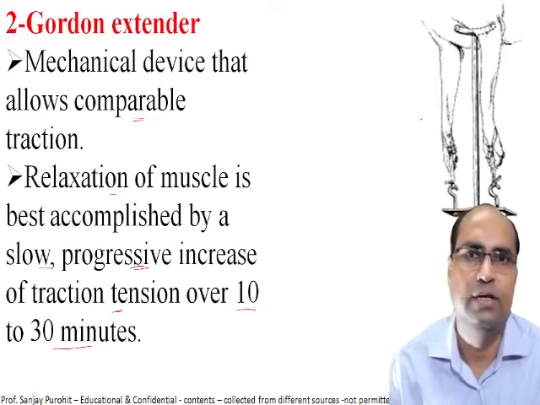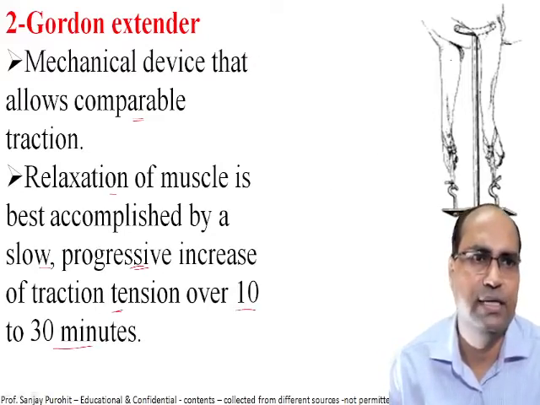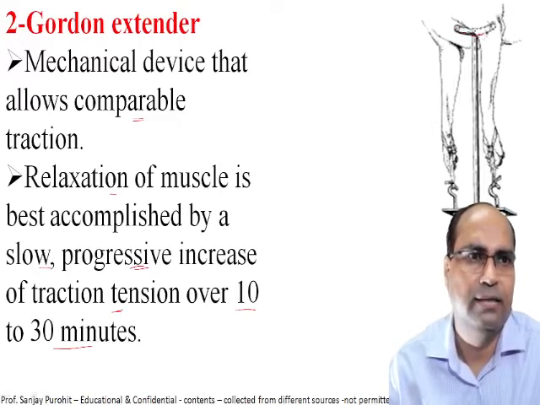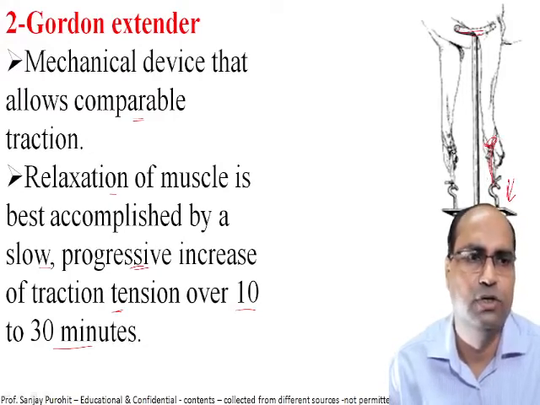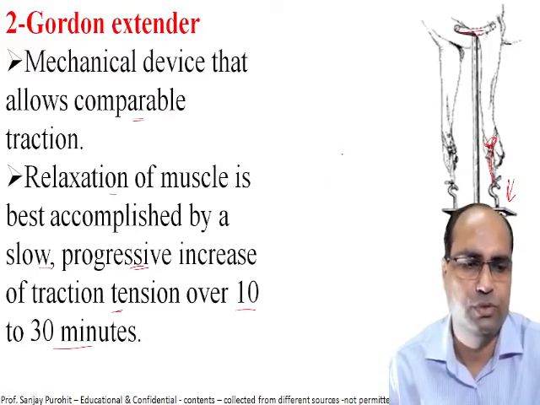In this, the Gordon extender is fixed in the axillary region like this, and the paw or toe region is fixed by the rope, and a traction force is slowly applied in this direction and the anatomical reduction is achieved.